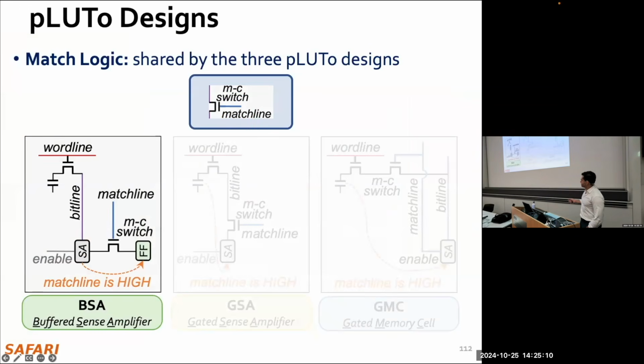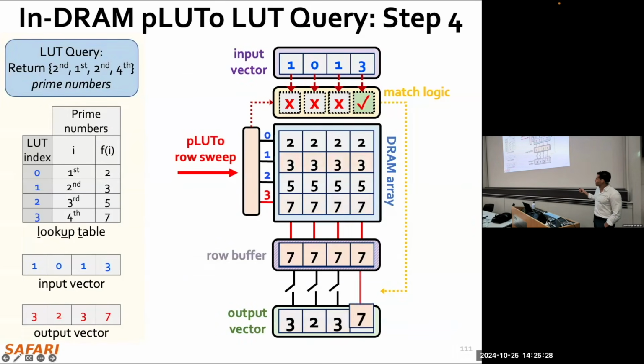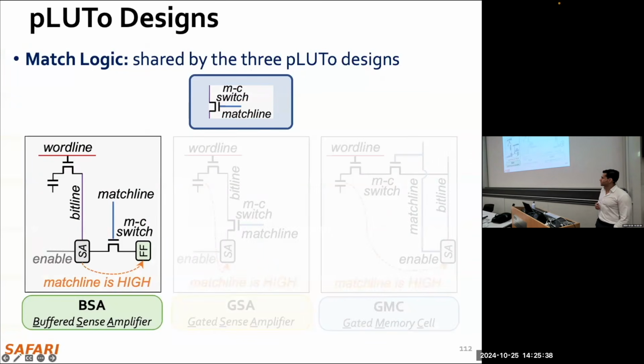It's going to use some auxiliary data to store the temporary data as I progress across the different rows in the output vector. So this is just some extra flip-flop that, when I'm asserting one particular row, I'm storing the matches. So here, for example, 7 here in that particular flip-flop. And after the computation is done, I copy that data in that flip-flop to the output vector. So this is one design.